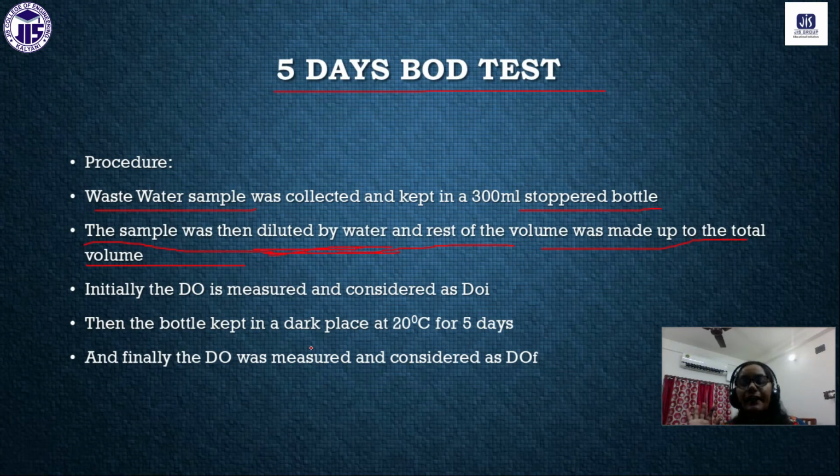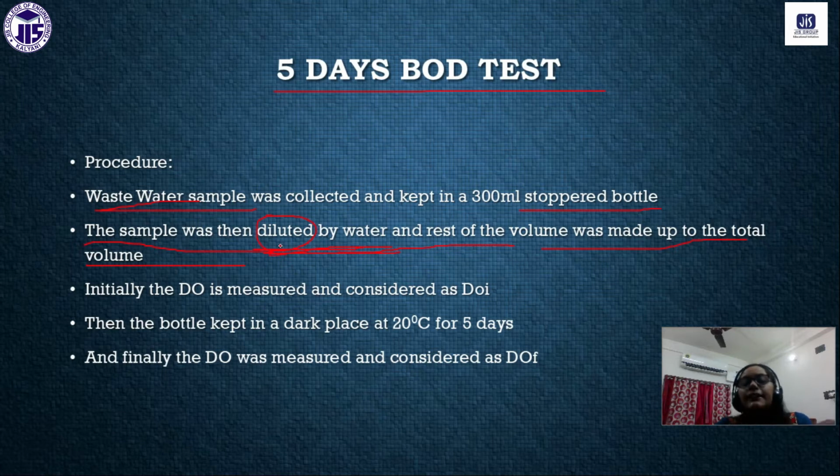Maximum, in ideal condition, the saturated value of dissolved oxygen in water is 9 milligram per liter. Understand? We only have 9 milligram, but we require 100 milligram per liter. So what do we have to do? We have to dilute our sample with the water. So this is the requirement and importance of dilution of our wastewater sample.